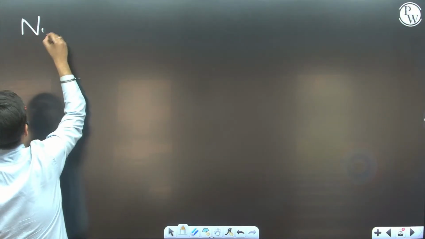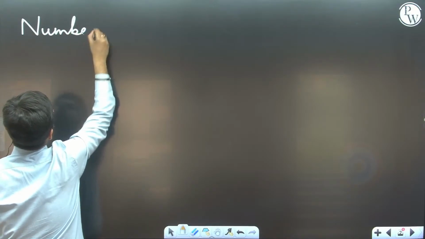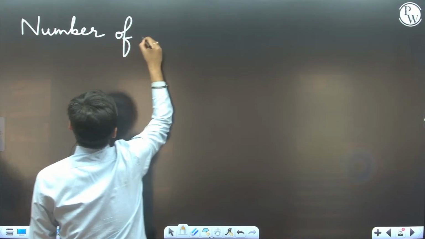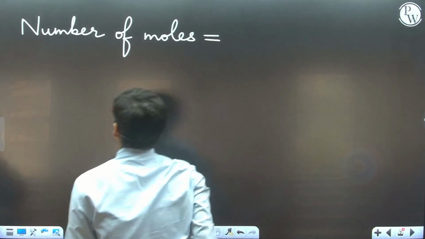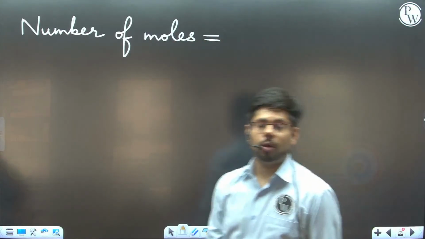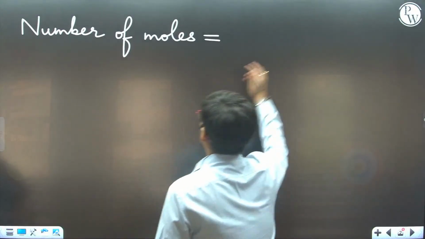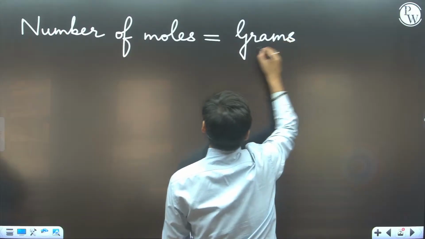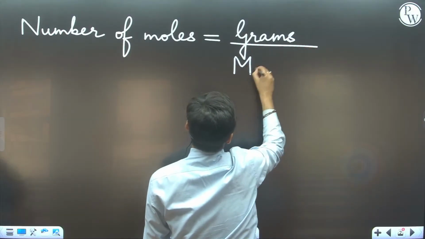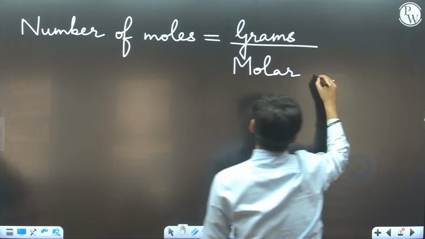So all of you are thorough with this formula, number of moles. What is the fundamental formula for number of moles? It is weight in grams of a substance upon molar mass of the substance.